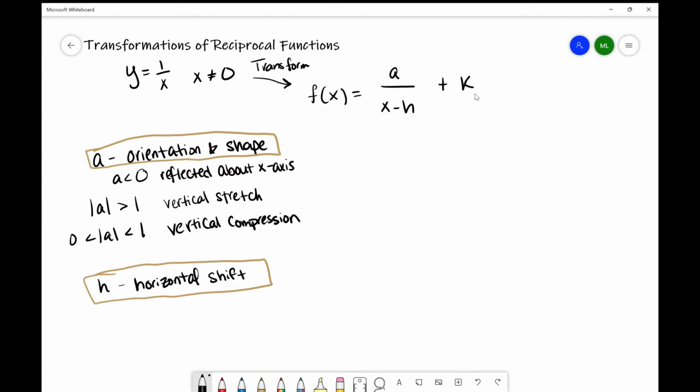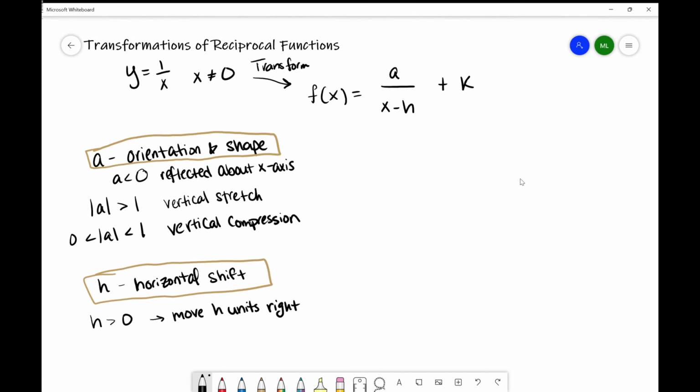So for the horizontal shift, if h is positive, meaning x minus h is valid, like you still see the minus sign in front of h in your x minus h over here, then you move h units right. The graph is shifted h units right.